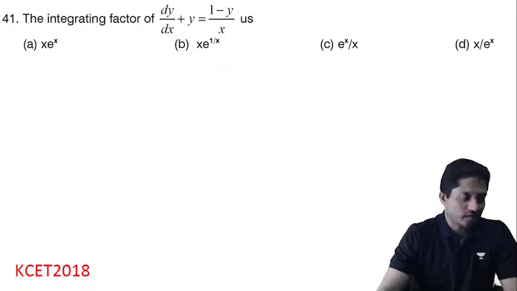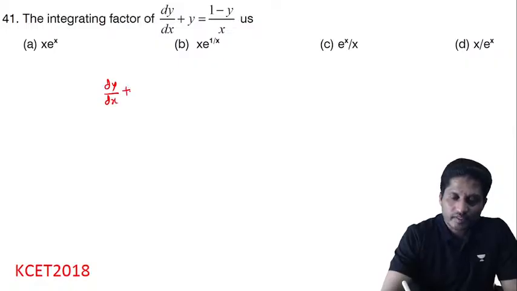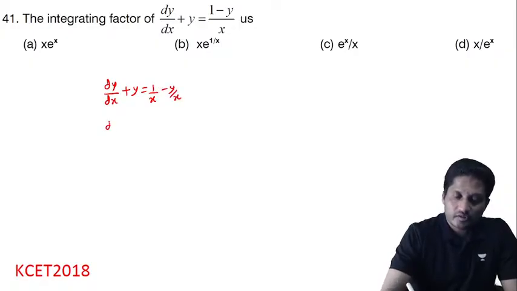What is the integrating factor of this? I can write dy by dx plus y equal to 1 by x minus y by x, right? So if I shift to the left side, it is dy by dx plus y by x equal to 1 by x.